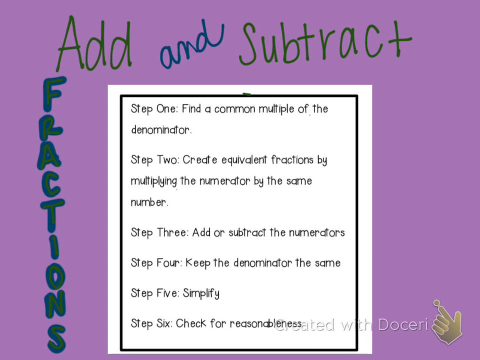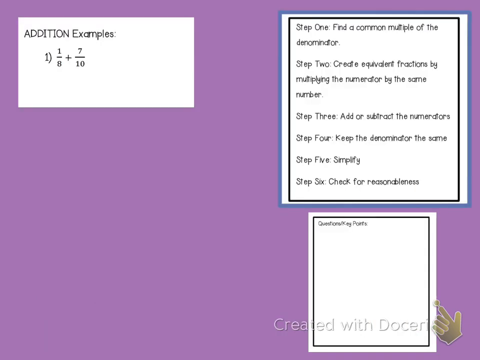Here are your steps to adding and subtracting fractions, which we will go into more detail on the next slide. So with the first example, I want to break down our steps. Step 1 is to find a common multiple of the denominator. So looking at number 1, we have 1/8 plus 7/10.